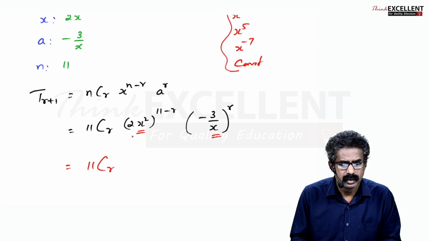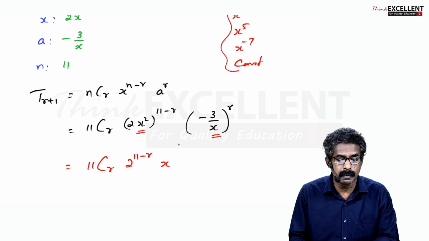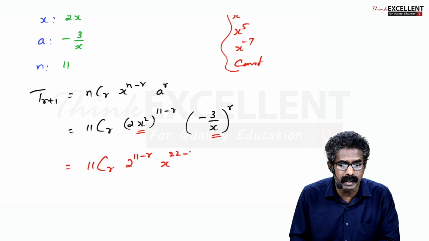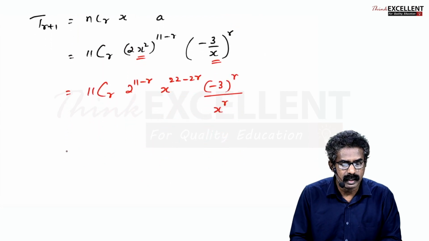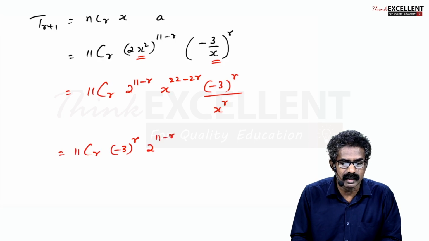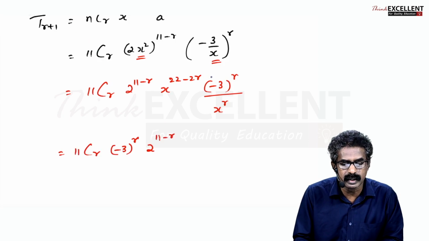11Cr, 2 raised to 11 minus r, x raised to 2 into 11 minus r, multiply 2 into 11, 22 minus 2r. Hope you understood. Minus 3 raised to r by x raised to r. Now listen carefully. 11Cr, minus 3 raised to r, 2 raised to 11 minus r. Now these two x terms we are going to combine.